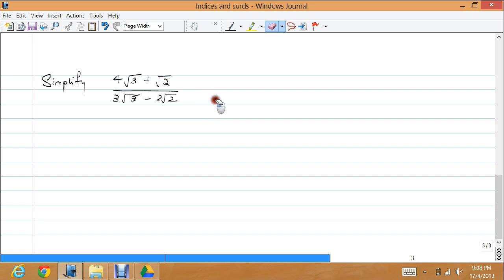So in order to simplify this, we multiply both the numerator and the denominator by what looks like the denominator, but with the sign reversed. So if this is negative, I use a positive sign here.